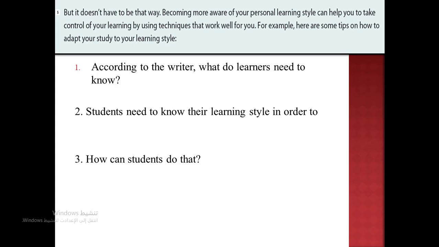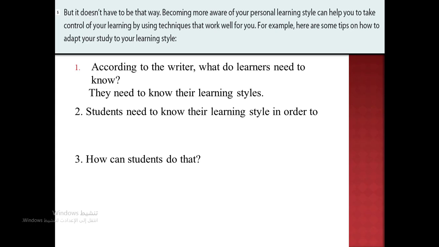Now, number 1. According to the writer, يعني من وجهة نظر الكاتب حسب رأيه زي ما أنت شايفة من خلال سرده للأفكار. What do learners need to know? They need to know their learning styles. Number 2.